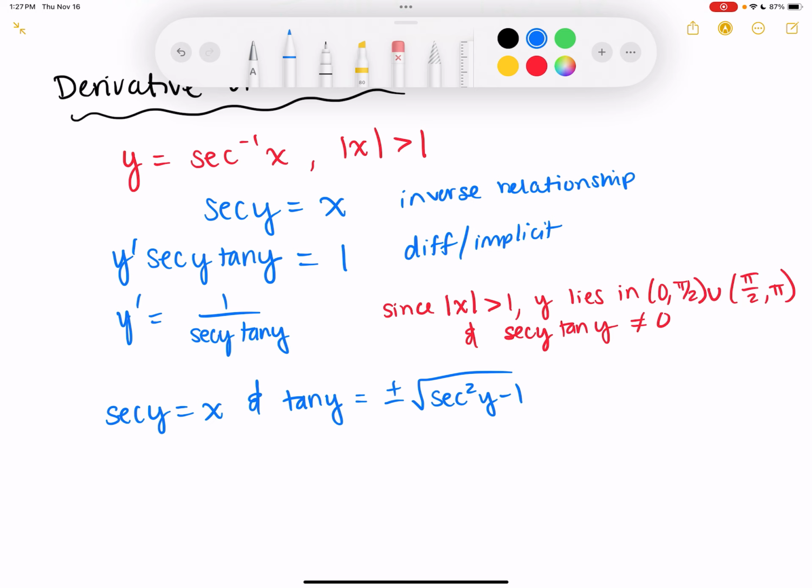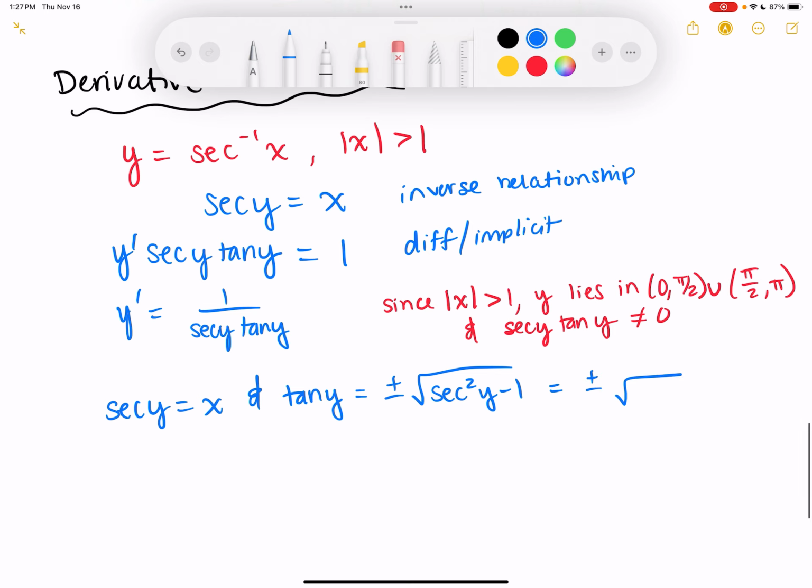So we would then have that this is equal to plus or minus the square root of x squared minus 1, because we replaced secant of y with x and it was squared, so that's where that comes from.